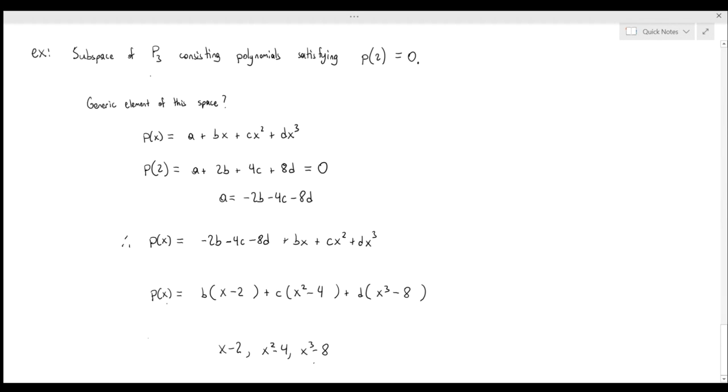We've already shown that any vector in this space is a linear combination of them. So that already shows that they span our space. And then the only way for everything here to be 0 would be for b, c, and d to be 0. So they're also going to be independent. So this will give us a basis for this subspace of P3. Okay.